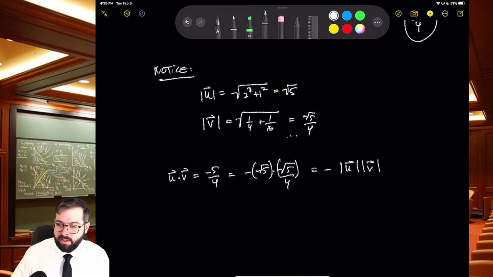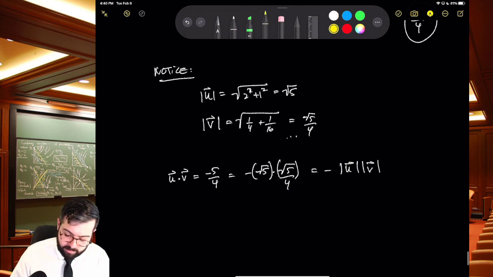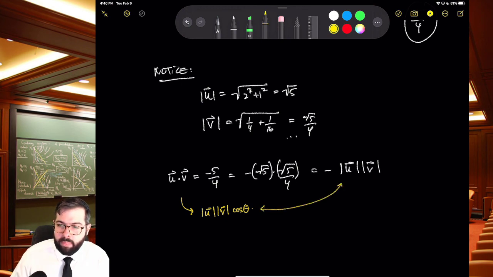And so what does that imply? Well, you've removed the direction, which would explain why it's scalar. Yep. It's definitely a scalar number. We know from that theorem that this is supposed to be the product of their magnitudes times the cosine of the angle between them, right? So what does this imply here?